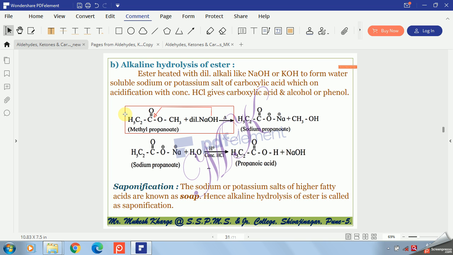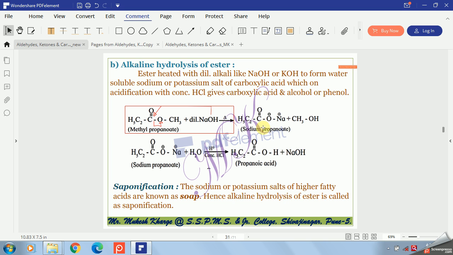OH will attack on carbonyl carbon, and the carbonyl carbon-oxygen bond undergoes cleavage, and it will form O minus, that will abstract the Na, which is the positive part here. Okay, so that O minus will take Na plus.